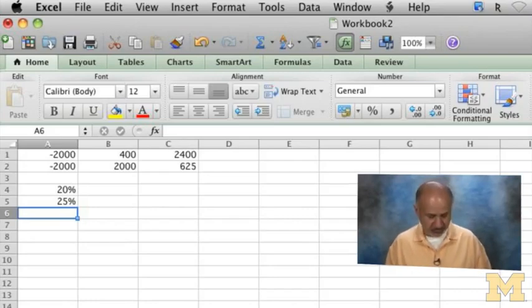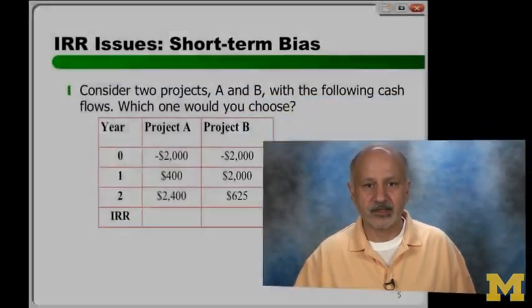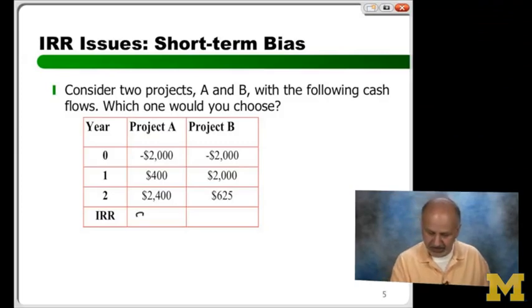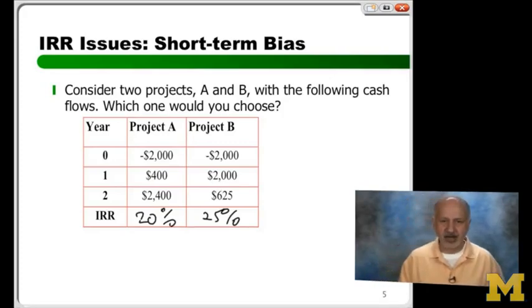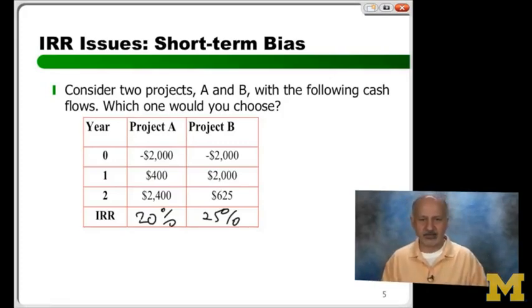So I'm going to now go back to our presentation, and it's very obvious that I've calculated the IRRs, and the IRRs, I'll just write them down here, is 20%, 25%. Let me just reiterate one thing. What is the IRR? IRR is that rate of return which makes the NPV 0, but that's a rule of thumb for calculating the number, because with compounding, the number is very tough to calculate.